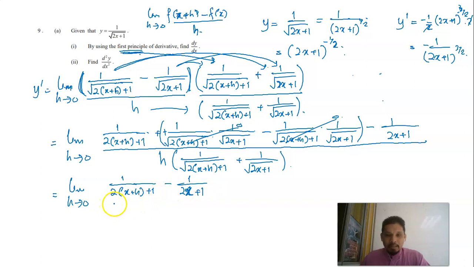If I bring h above here, everything is divided by h, and 1 over square root of 2x plus h plus 1 plus 1 over square root of 2x plus 1.